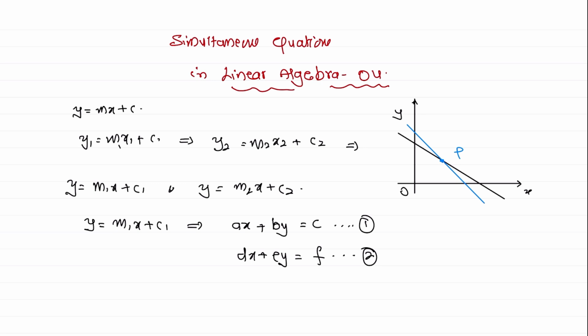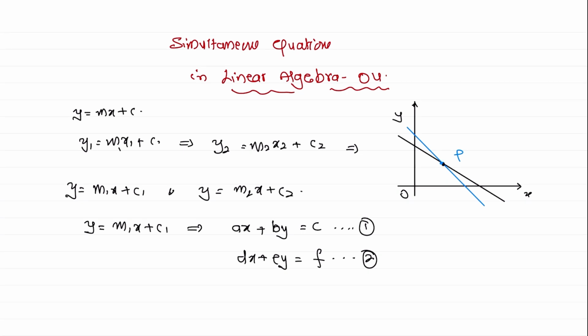And if these two straight lines or equations cut each other, they have a common point of intersection, then we can say that they have a solution. These two are simultaneous equations and they have a solution. If the solution is in the real number xy plane, then it is a real solution.